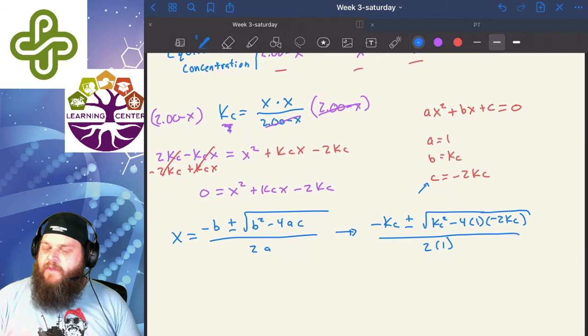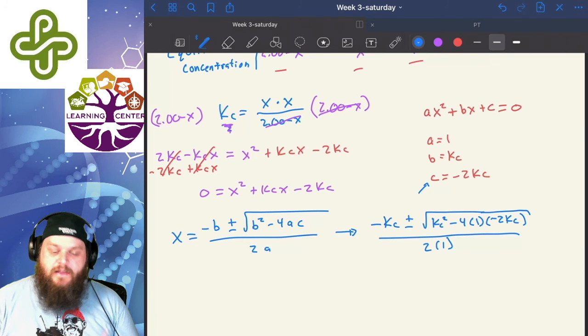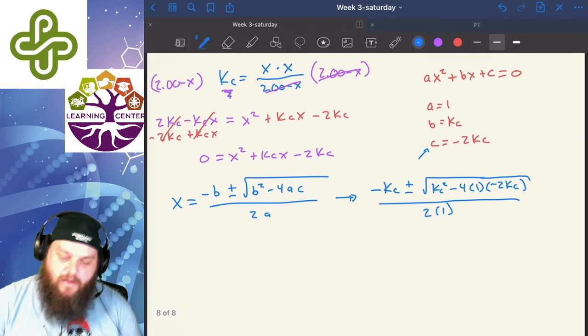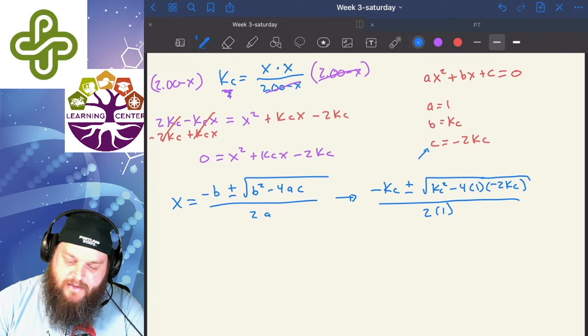There's a lot there. We have that plus or minus in there, which in this case we'll find out it doesn't really matter, because once we do a little bit of substitution, we'll see how that gets simpler.